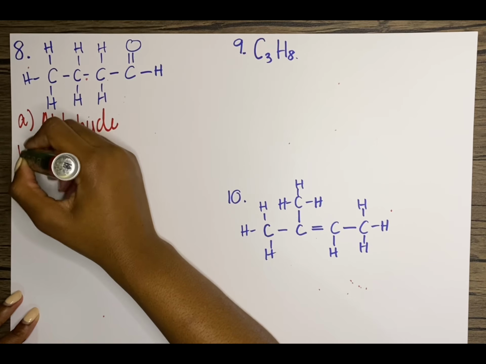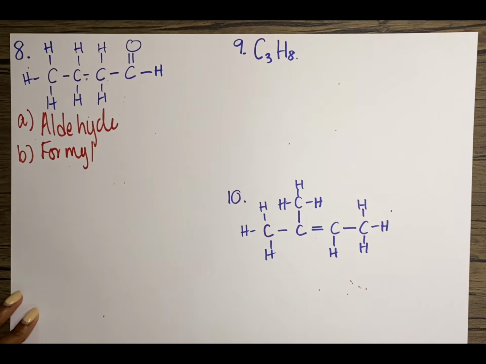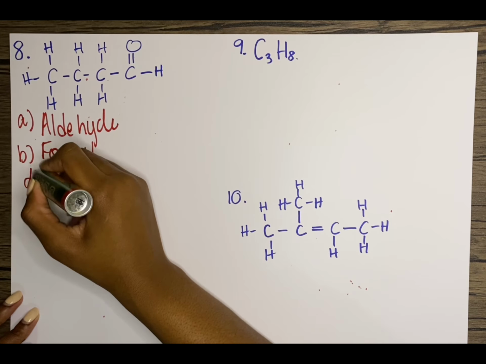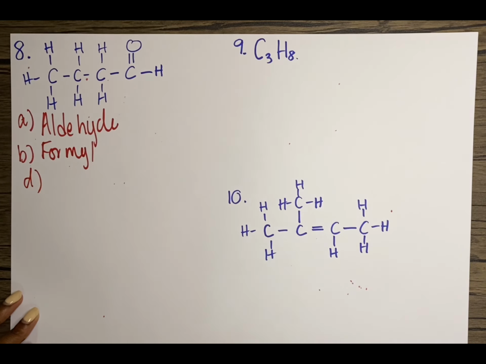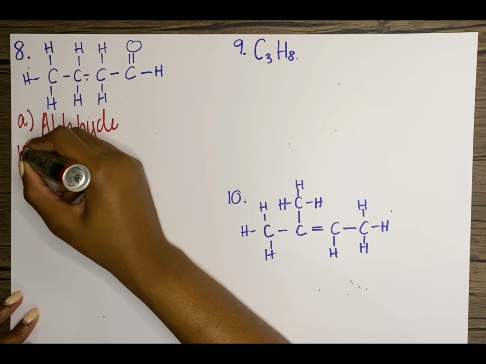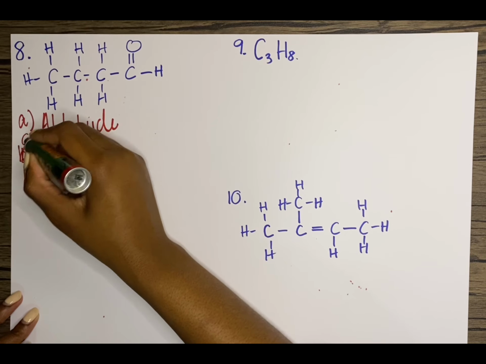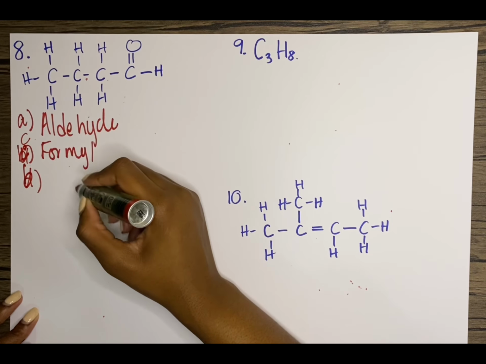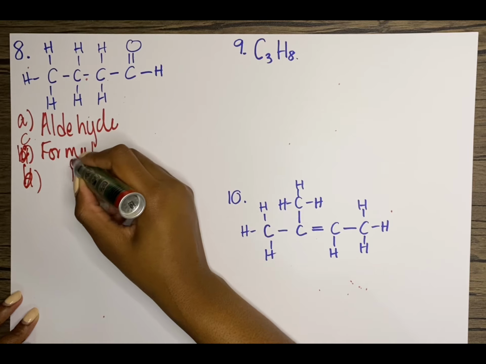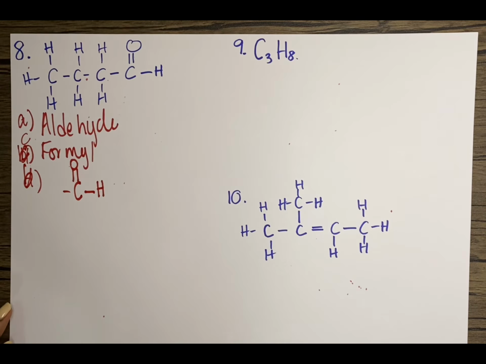And the name of the functional group is a formyl, right? This is C, sorry about that. B is a formyl, is a double bond O and an H on the first carbon, right?